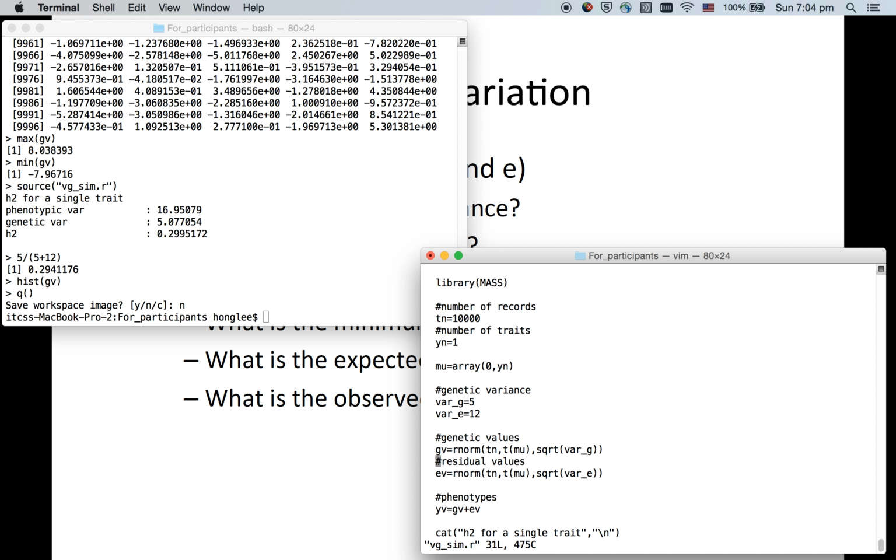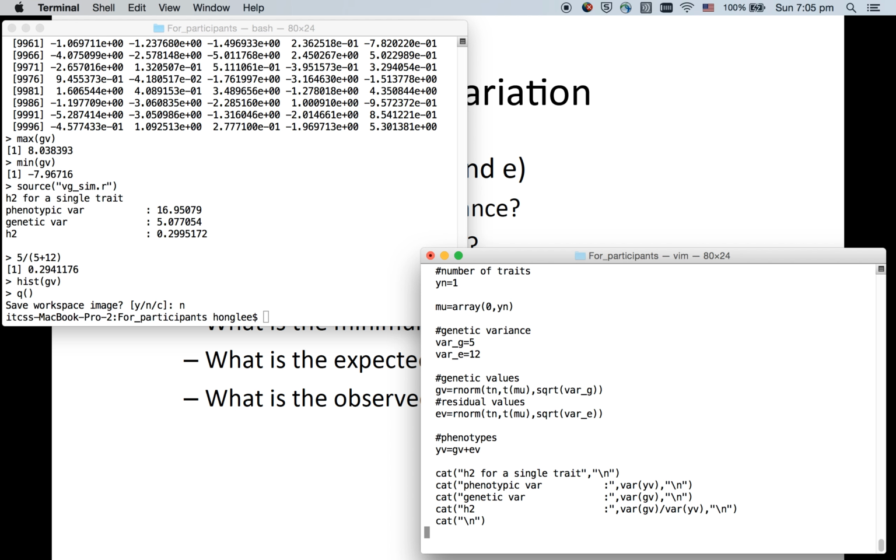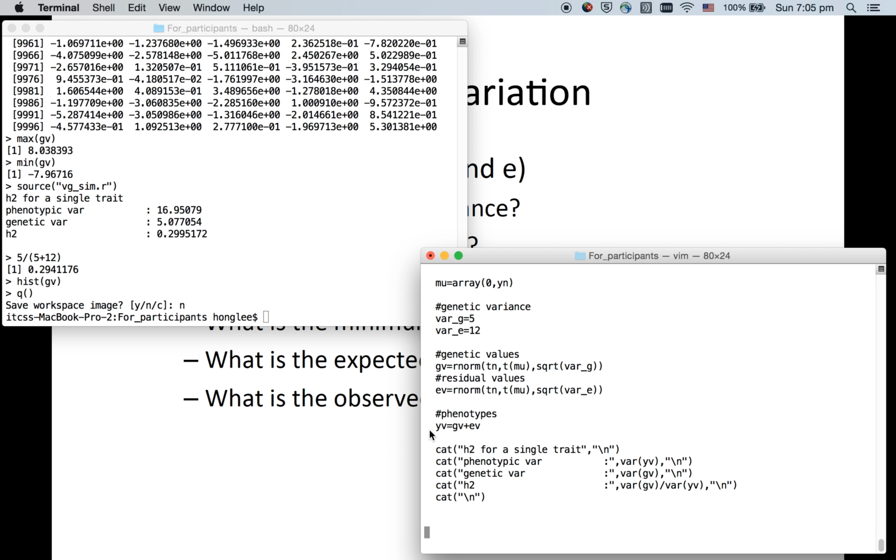Then according to the equation P equals G plus E, I assign YV as the phenotypic value, GV is the genetic value, and EV is the residual value. So this is actually the phenotypes. From these phenotypes, you can work out the phenotypic variance. You also know the genetic value as well as the variance, and the residual value and residual variance. So it is straightforward to get the phenotypic variance and genetic variance, therefore heritability.